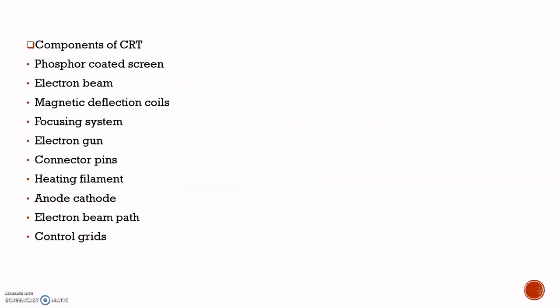We have a phosphor-coated screen, an electron beam, magnetic deflection coils, focusing system, electron gun, connector pins, heating filament, anode, cathode, electron beam path, and control grids. So, let's see how it works.